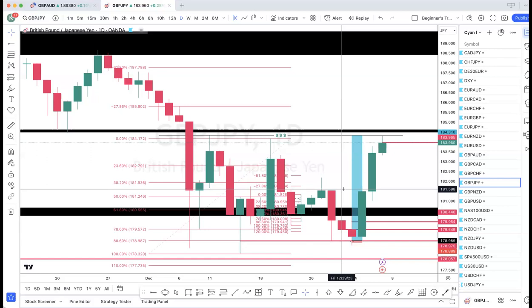You can use it however you decide to use it. But it all starts with us having a bias as a trader. Once we have a bias, then we have an excuse to go down there and stalk the lower time frames for the price action.